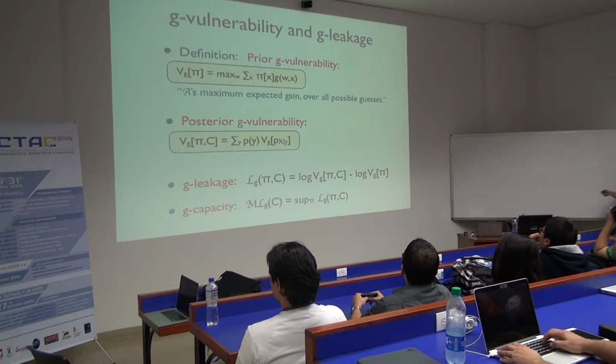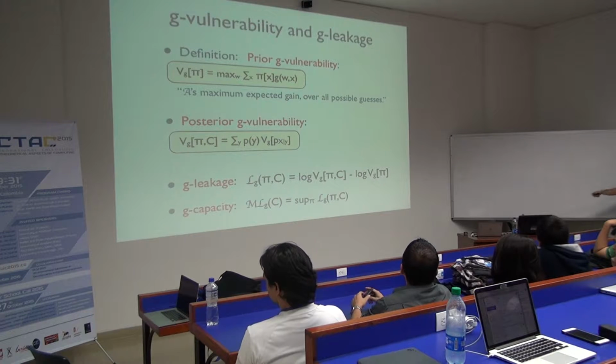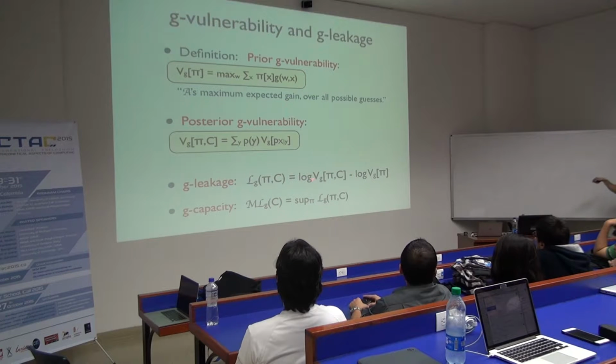All right. So vulnerability is the basis for my leakage measure: the expected gain over all possible guesses, and it's a maximum because I'm using the maximum. For the posterior, I'm going to do this trick of converting. For each output y, I mean the posterior distribution that I obtained using the usual Bayes step that we were doing yesterday.